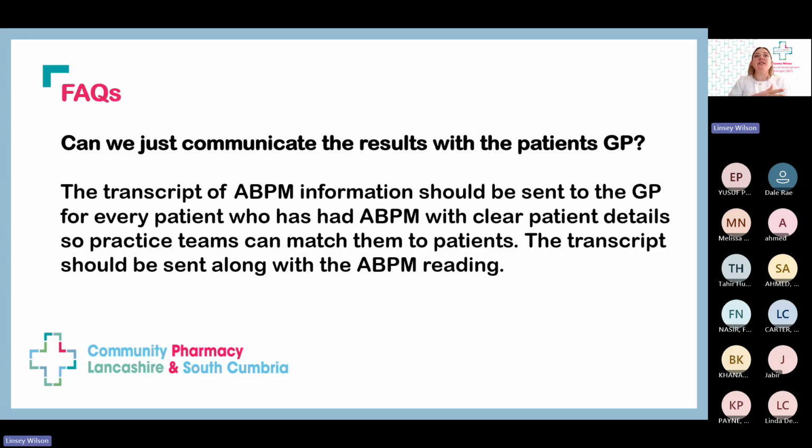However that goes, whether direct to the GP or to the admin staff, at least you've got a record of: I have gathered this result today, I have given this information and this advice today, and advised the patient to do X, Y, and Z, and you've completely covered yourself there. Whereas information on phone calls could be forgotten, misheard and written down wrong. So if it's clear from your end, it's clear on their end, and there can be no mistakes from that.